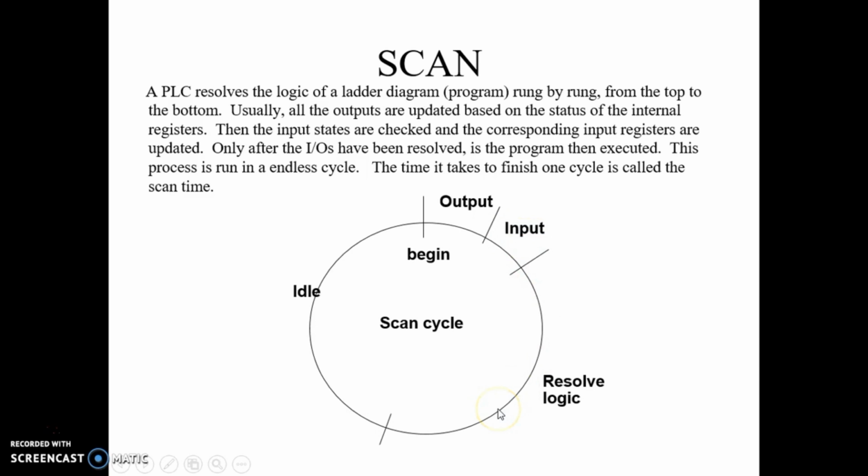If status of the input is not satisfied by the program, it takes an action and creates an output image in the idle status, this area. Then after output image is delivered again to the field through output module. So this is the scan cycle of the PLC.